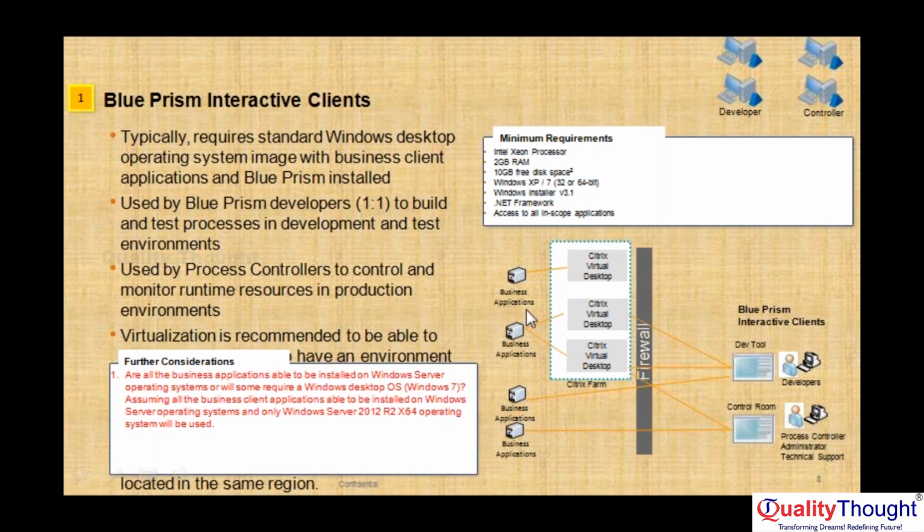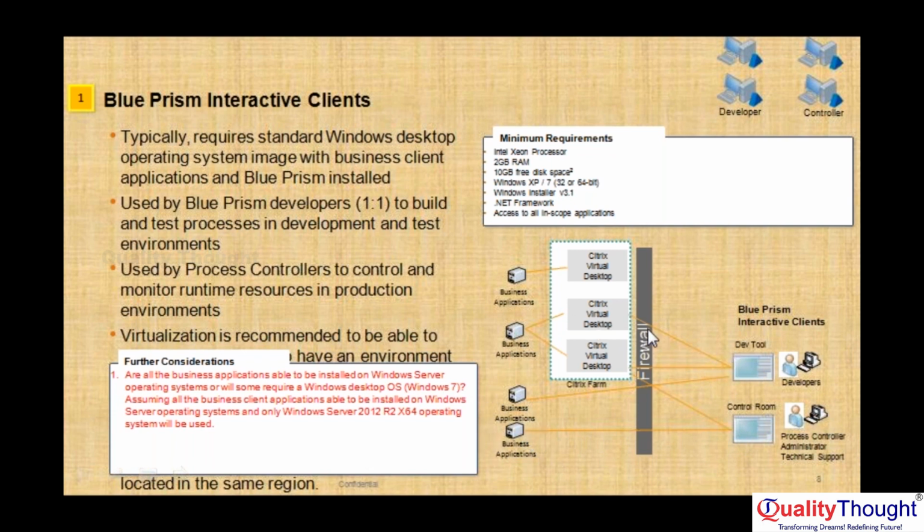So here you can see this diagram. Control room, developer. See, a Blue Prism developer can develop the script in interactive client. He can do scheduling through control room. You can see this line: your Blue Prism interactive client has direct connectivity to automate this.